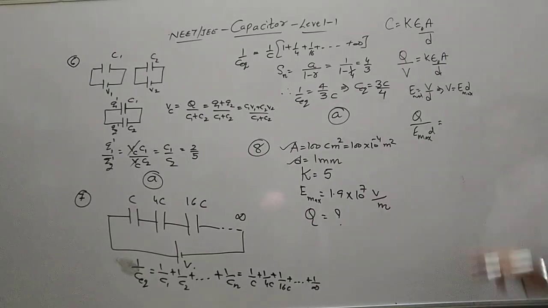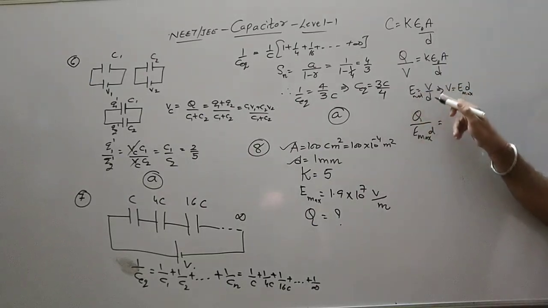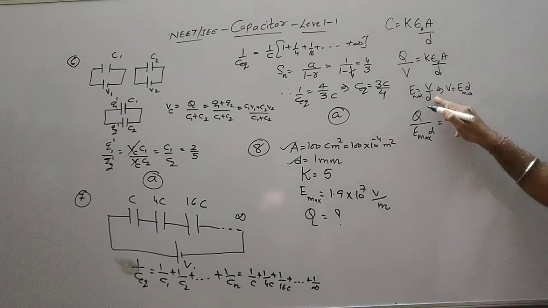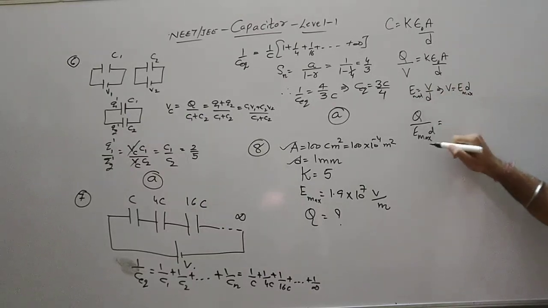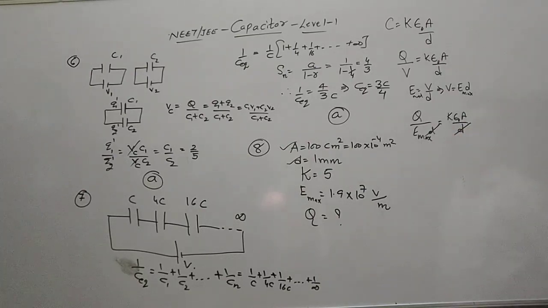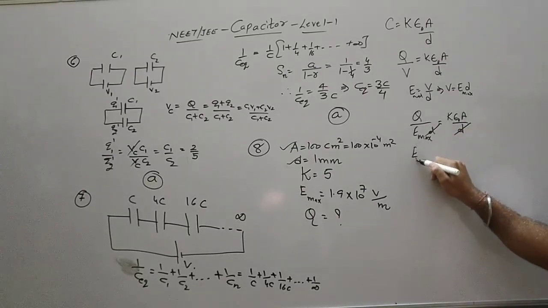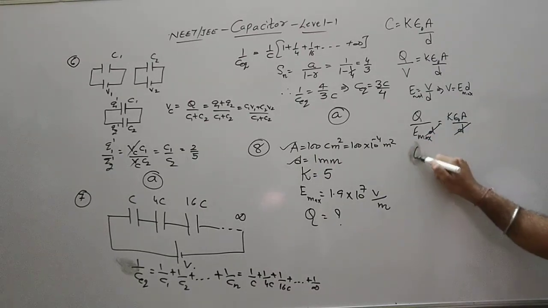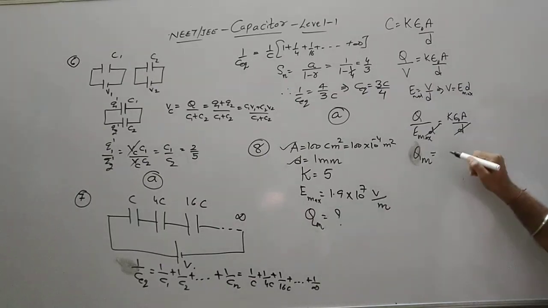We know E is equal to minus dV by dr, the general formula, and for a capacitor it turns out to be V upon D. So Q upon E max D is equal to K epsilon naught A by D. This D is cancelled. We have to find out the maximum charge Qm.